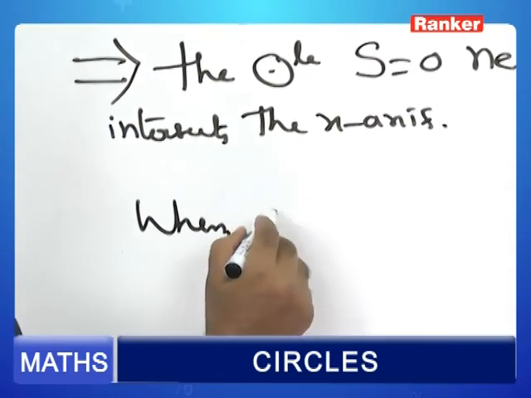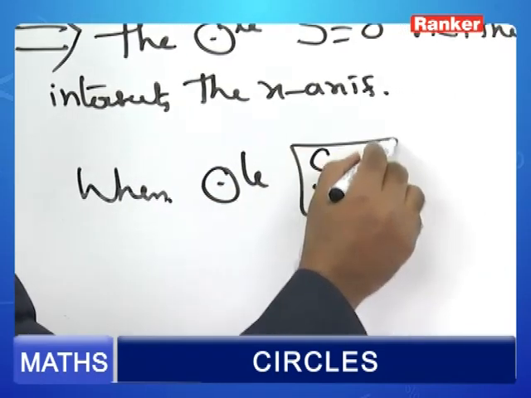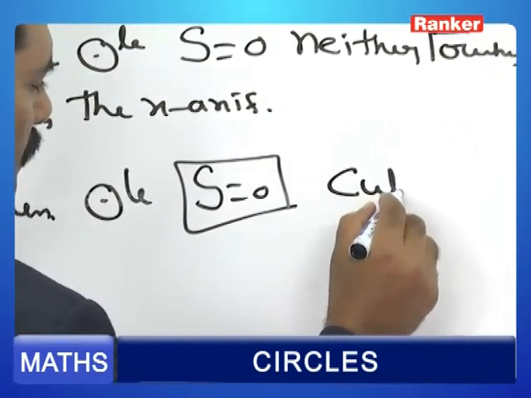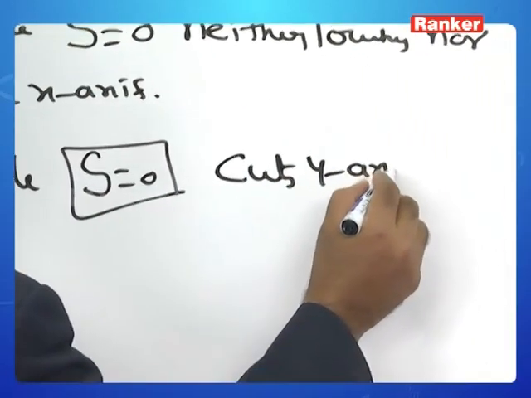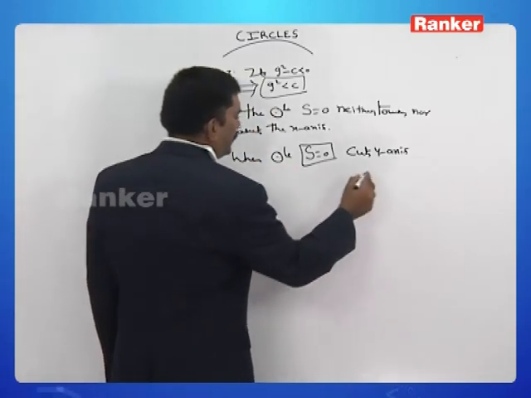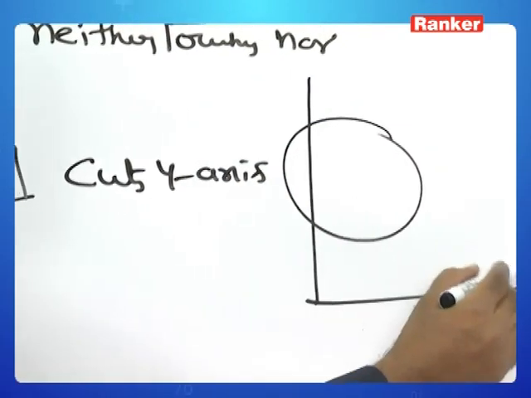Now coming to similarly, when the circle S equal to 0 cuts the y-axis, in the same fashion as what I told with respect to the x-axis, it cuts the y-axis in 2 points like this.